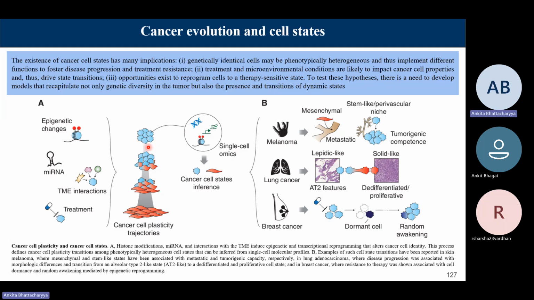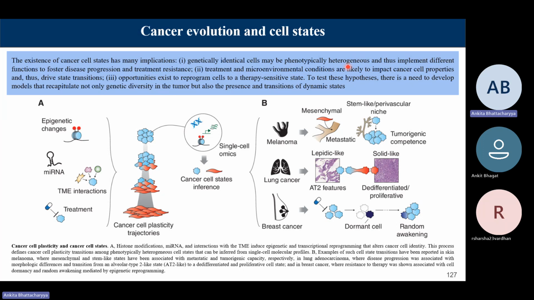So, the existence of cancer cell states has many implications. First, the genetically identical cells might actually be phenotypically very heterogeneous, and therefore they can implement different functions to foster disease progression and treatment resistance. Second, the treatment and microenvironment associated conditions are likely to impact cancer cell properties and thus drive state transitions.